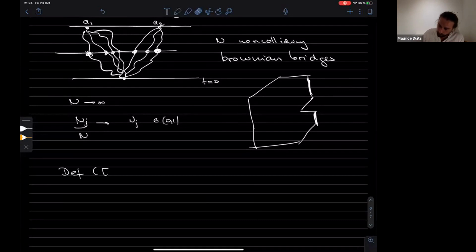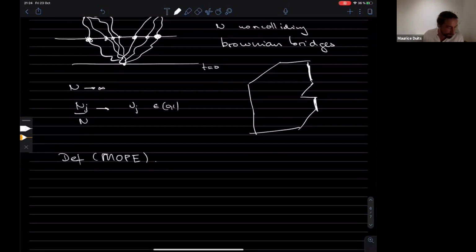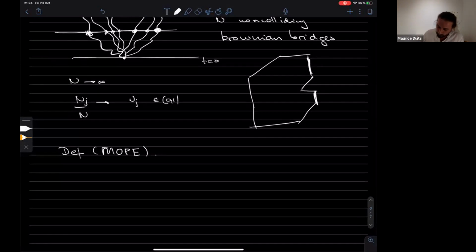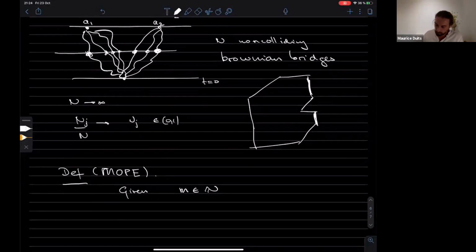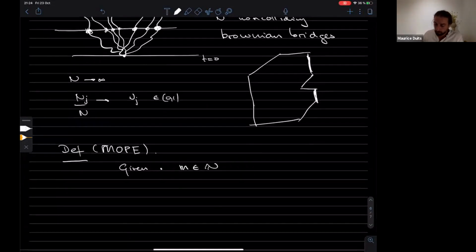That's a little bit more general now. There are quite a few things that you have to say here. First, what you have to assume is that you're given an m, which is a natural number, and this is the number of different endpoints. So in this case, m equals 2. Okay, so there is a number of different endpoints, and then we also have different weights.